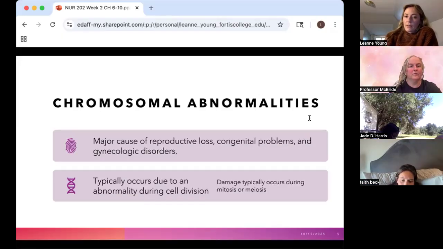Mitosis is the cell division occurring in somatic cells, which results in two identical daughter cells. And then meiosis is a division of a sex cell into four haploid cells. So chromosomal abnormalities happen a lot of the time during cell division, which is an important point to know.